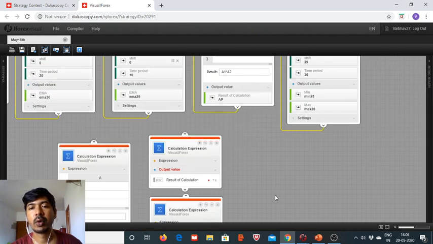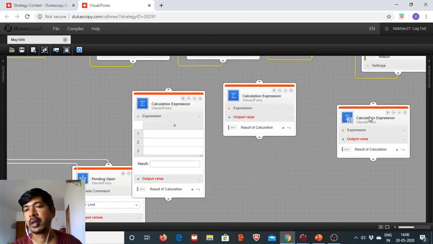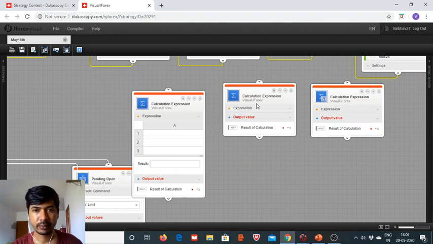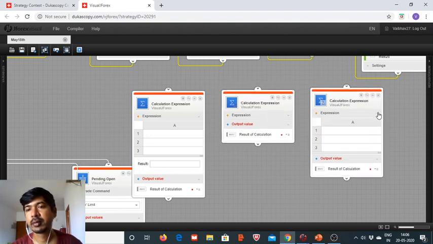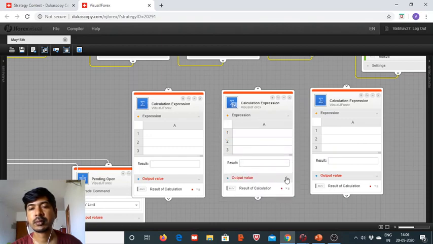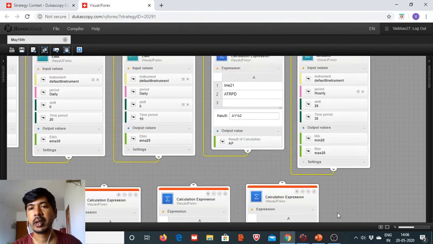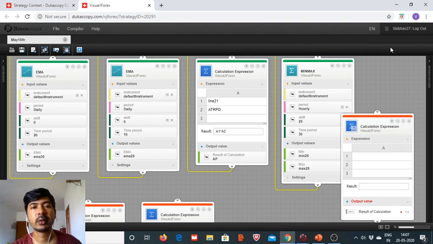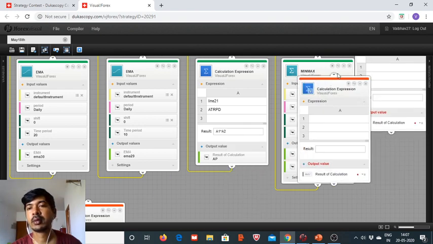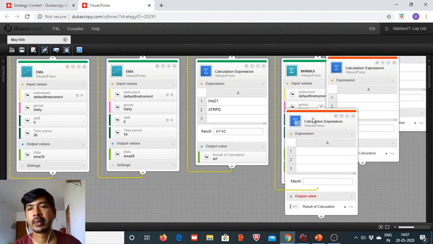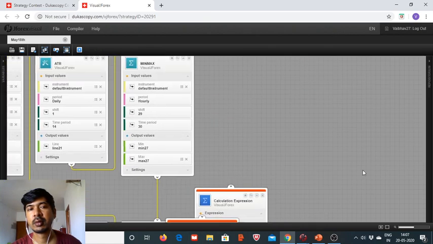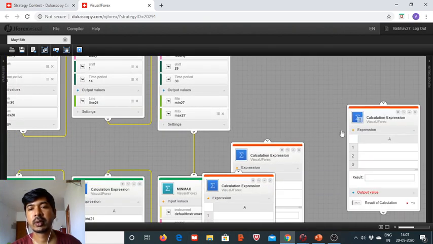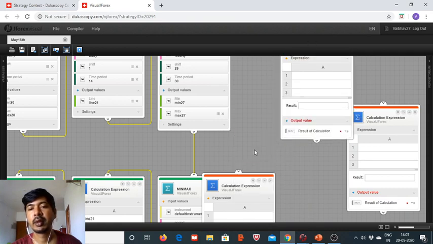So we do all three calculations with the help of the daily ATR, and daily ATR is, so here comes the ATR.